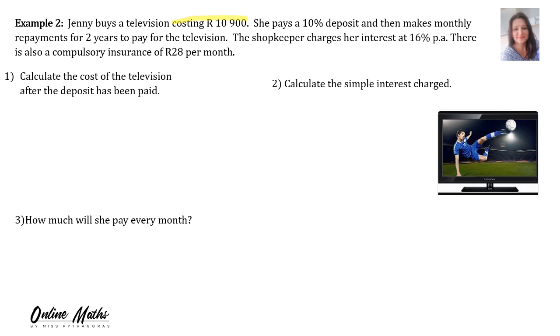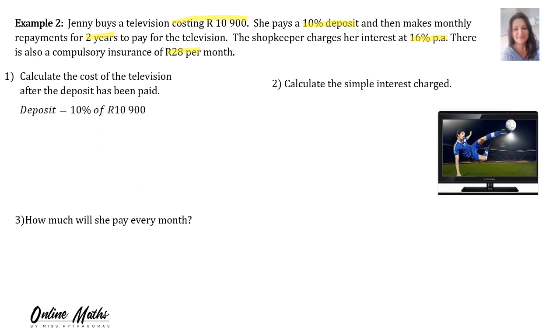She pays a 10% deposit, that's also important, and then makes monthly repayments for 2 years to pay for the television. The shopkeeper charges her interest at 16% per annum. There is a compulsory insurance of 28 Rand per month.